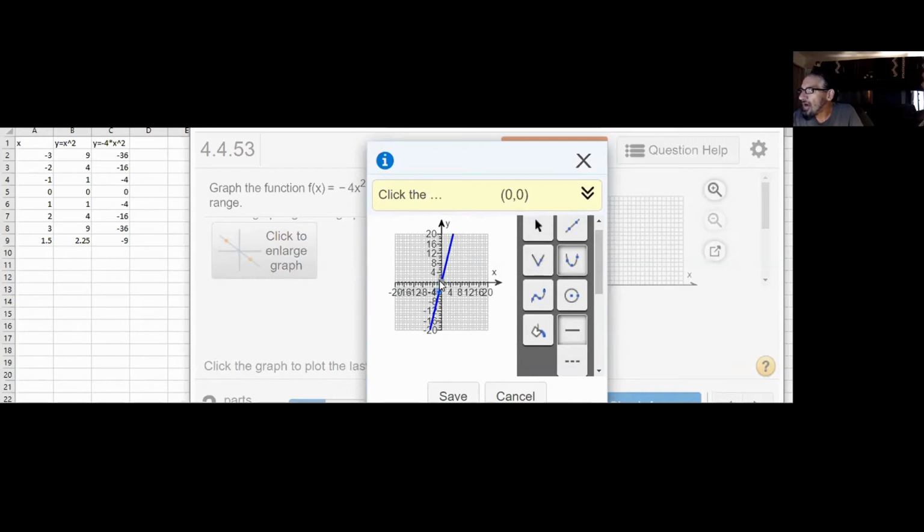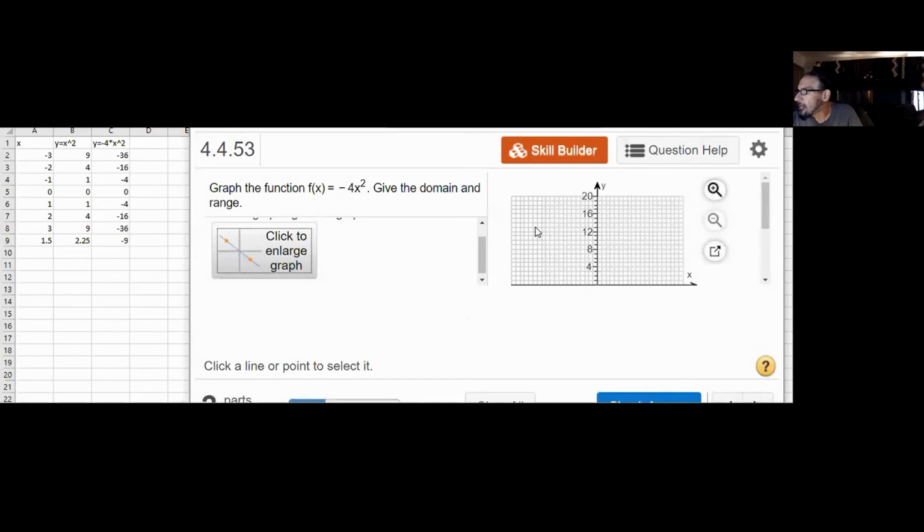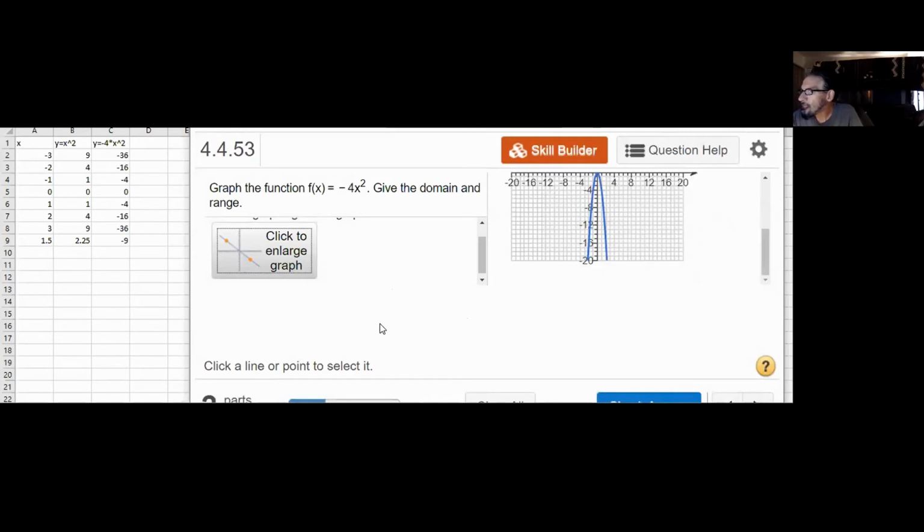Then positive 1, negative 4. And let's see how it looks.